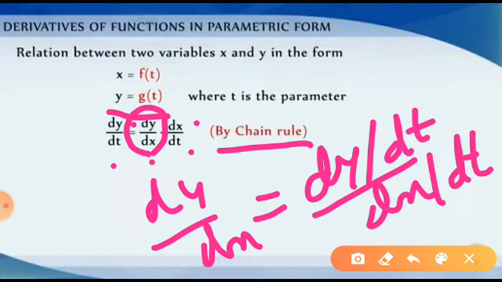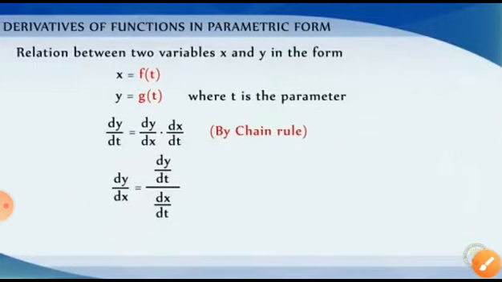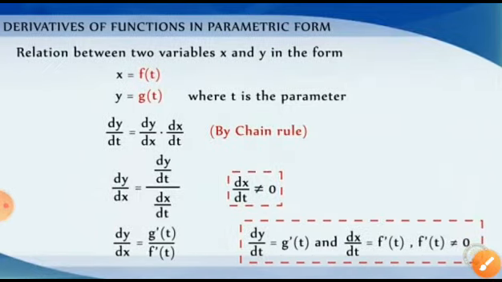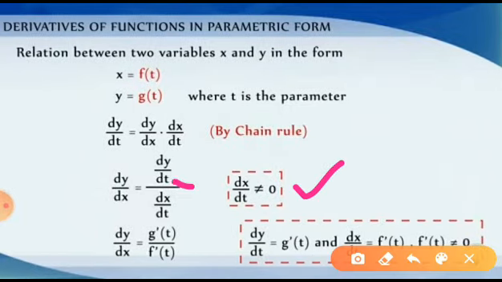So in order to find dy by dx, we need to find separately dy by dt and dx by dt. Here dx by dt should not be equal to 0, otherwise it will not be defined.